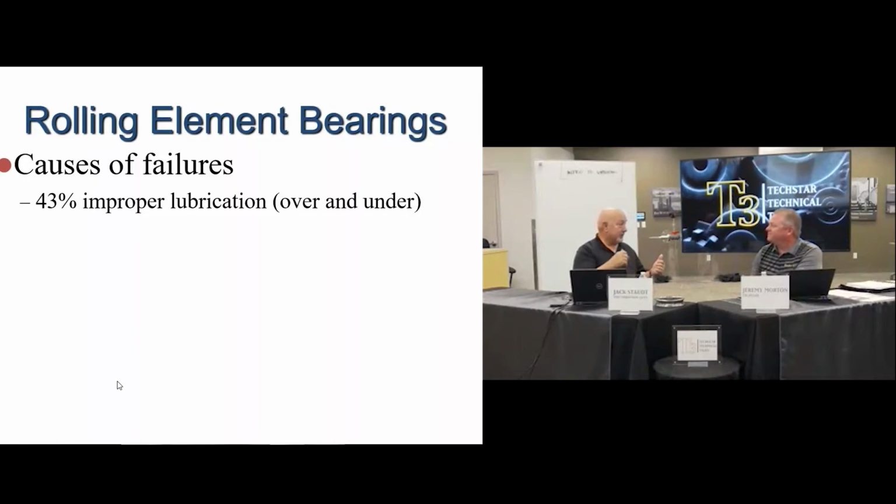They had over-greased and it bent the shaft right there at the bearing, so it caused a failure. That's because it has no way to dissipate that heat. You're making a hot spot where the bearing is. And this was a new installation too.